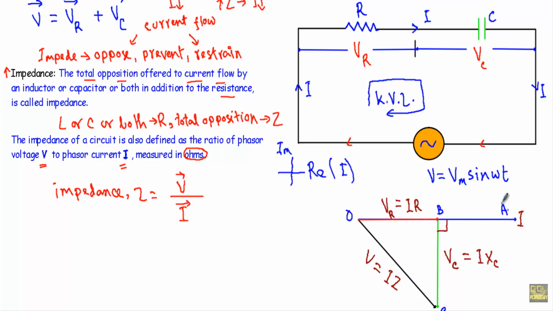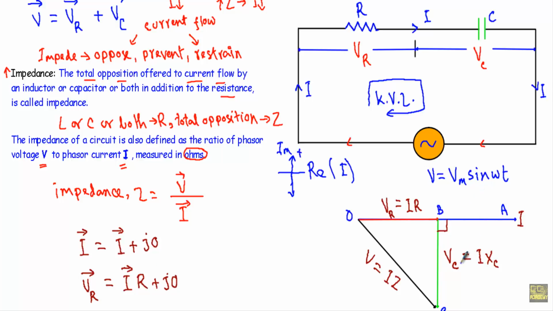If I decompose the current phasor I, I get real part plus j0, because this current phasor is going in the real axis, so it has no imaginary part. The voltage drop across the resistor VR is also going in the same direction, so it has no imaginary part. It will be phasor current I into R plus j0.